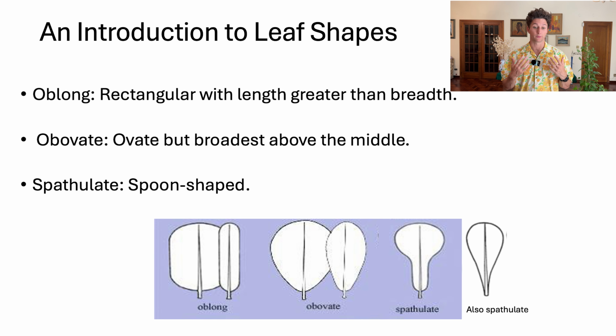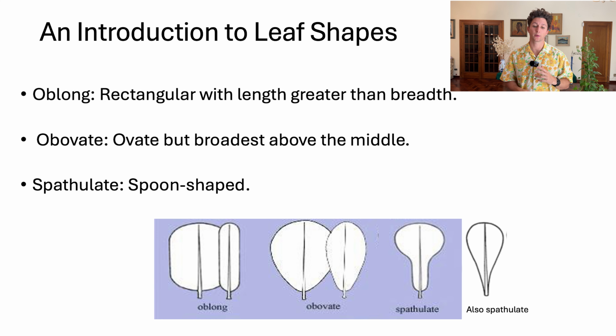And finally, spathulate. Spathulate leaves are spoon-shaped, and I've included 2 different examples of what I mean by spoon-shaped here. They can be with a leaf surface or lamina at the base of the leaf, or they can be completely like the other one where they continue to broaden out and are almost more of an obovate shape.